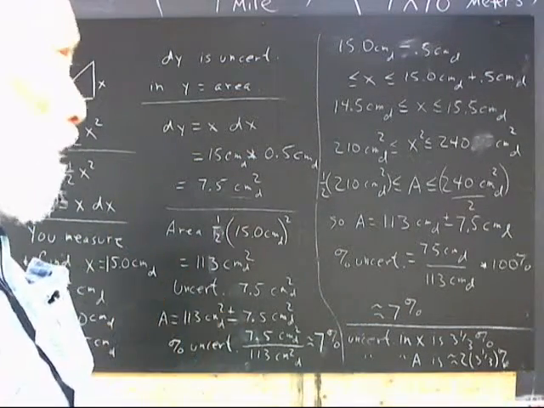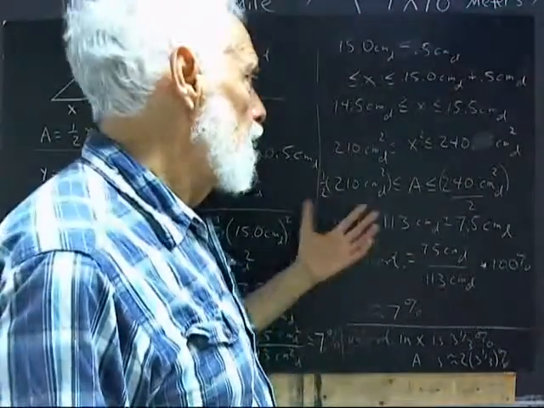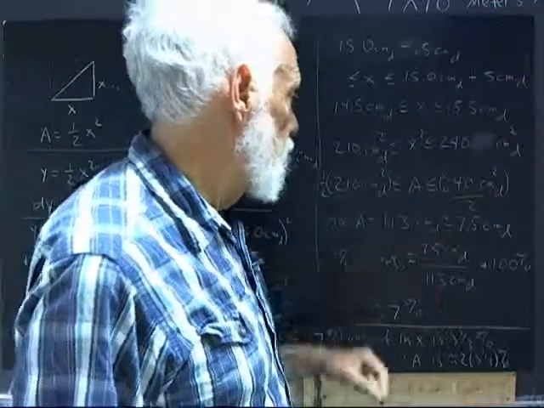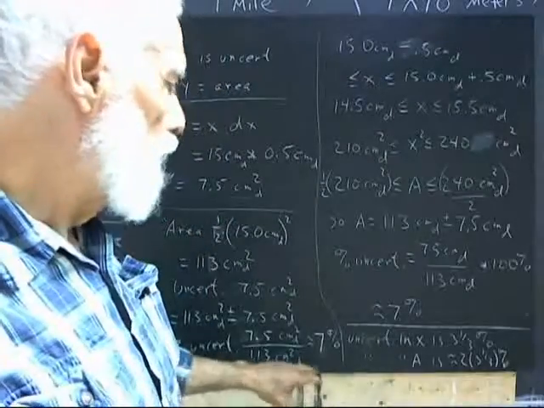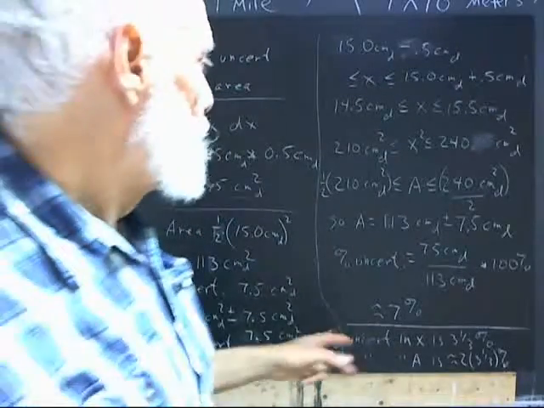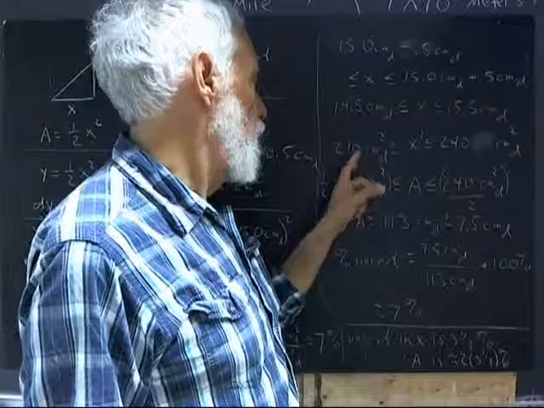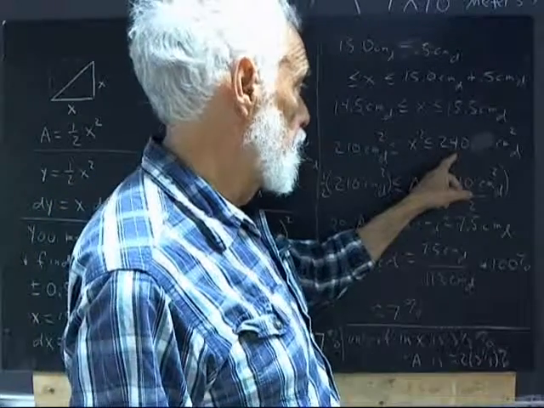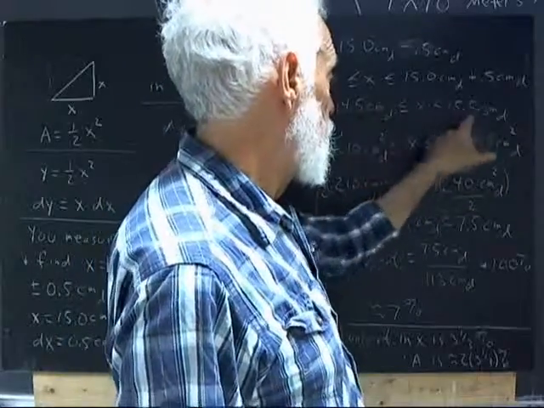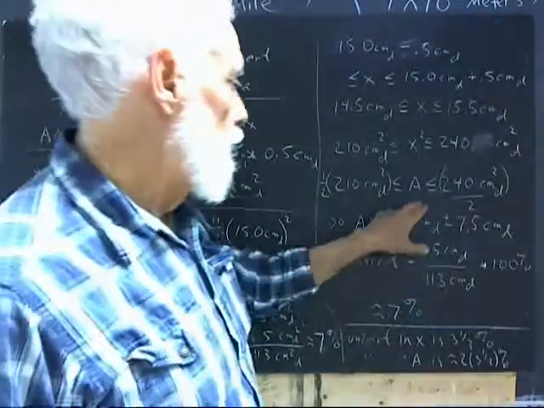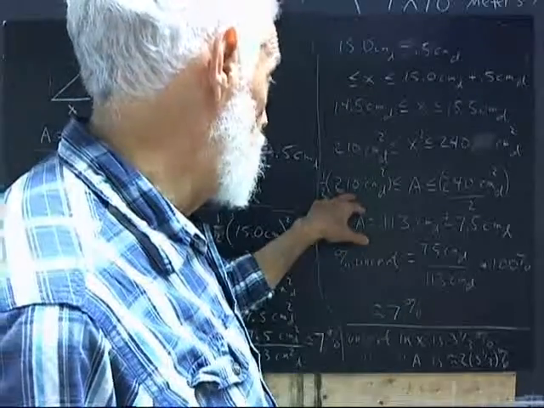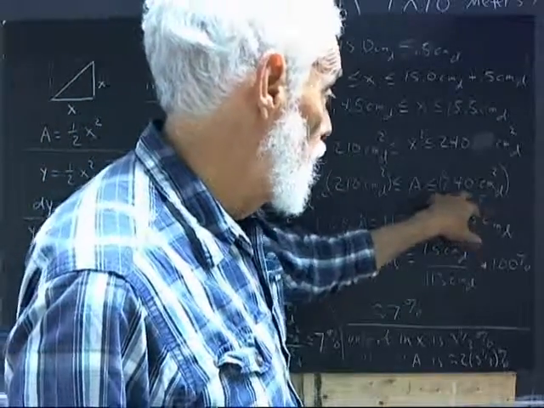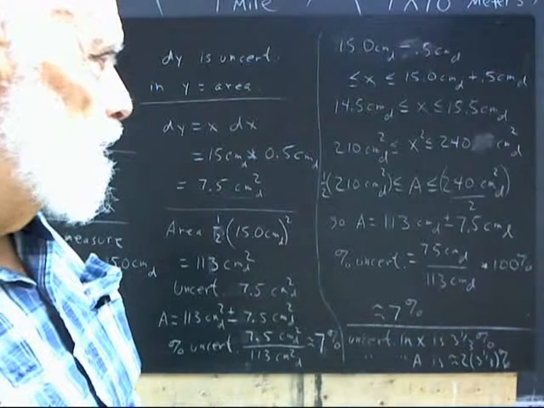And if we square these now, remembering that we've only got 3 significant figures here, and we're going to round the uncertainty anyway to the nearest whole number, we have something very much like 210 cm squared less than or equal to x squared, less than 240 cm squared. Which means that our area is between 1/2 of this quantity and 1/2 of this quantity.